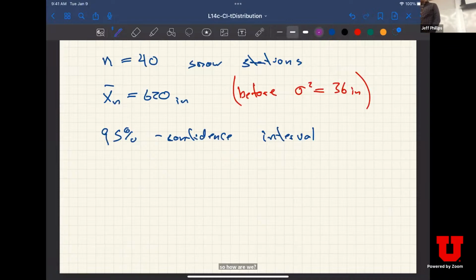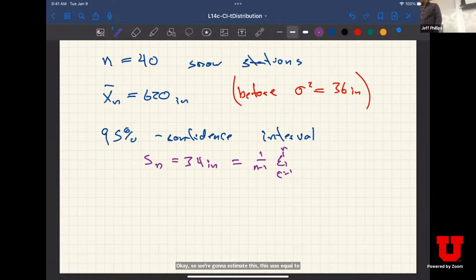Now we're going to claim that based on the measurements, Sn squared, or Sn, let's say this came out as 34 inches. Okay, so we're going to estimate this. This was equal to 1 over n minus 1, the sum from i equals 1 to n of (xi minus X̄n) squared, right?